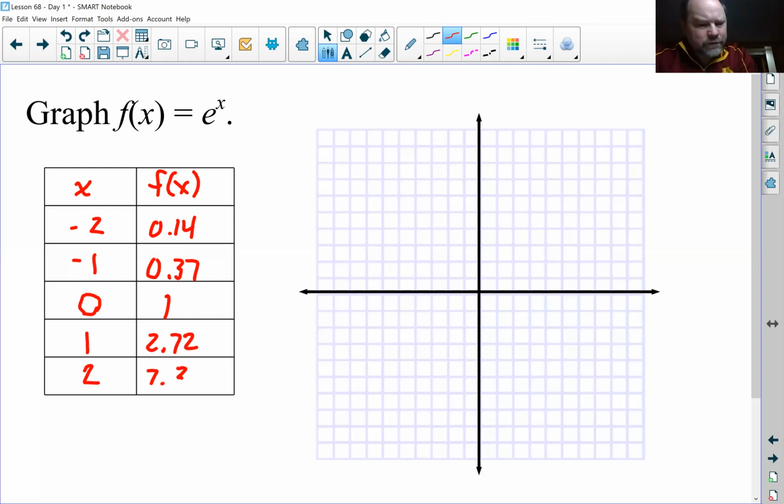0.14, 0.37, 1, 2.72, 7.39. So that is the graph for e to the x.